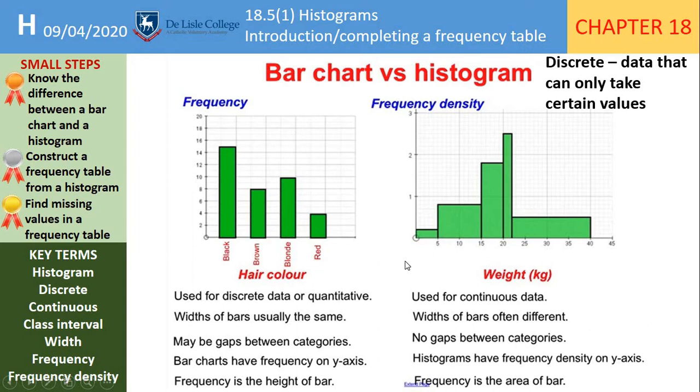For a histogram, it's used for continuous data. The widths of the bars are often different. There are no gaps between the categories. I wonder if on the last video you noticed I said there are no bars between the categories. I meant no gaps between the categories. Histograms have frequency density labelled on the y-axis, and the frequency is the area of the bar.